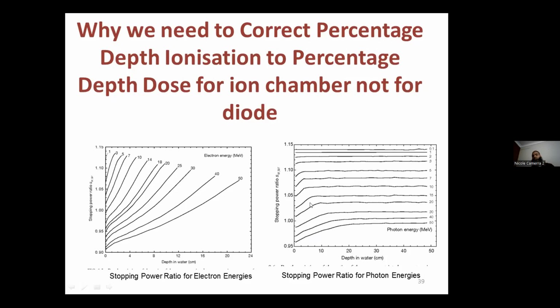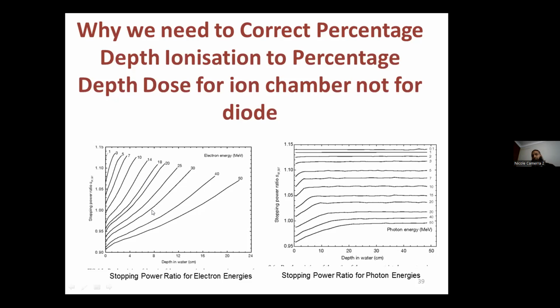That's why TRS-398 says you can use TPR 20,10 to get your beam quality for photon dosimetry. But in electrons it changes so significantly and rapidly that you can't use your percentage depth ionization curve as a PDD. For photons you can use it because it's not affecting your beam quality too much.